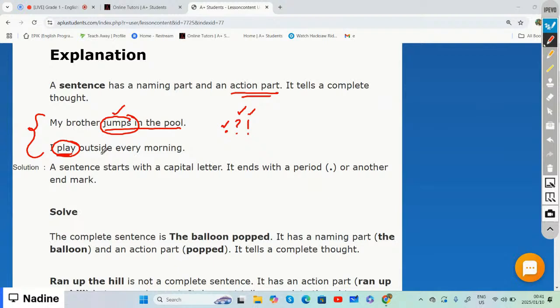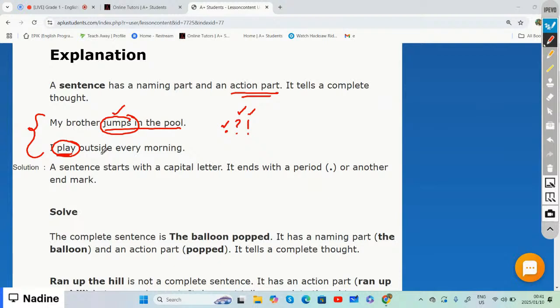So once again, a sentence has a naming part and it has an action part, right? And that tells us a complete thought. That is a complete sentence, a complete thought. If it does not have a naming part, then it is not a completed sentence.